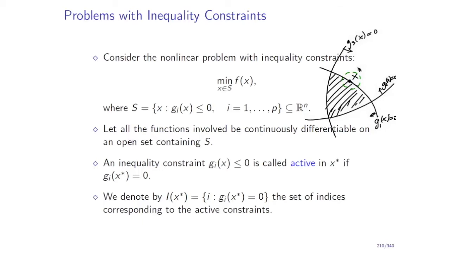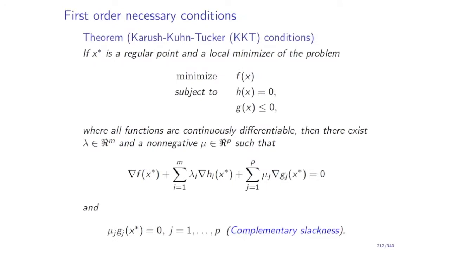Okay, so now let's consider a problem with both equality and inequality constraints. We want to minimize f of x subject to the equality constraints h of x equal to 0, and g of x less than or equal to 0. Here we assume that the function h of x is given by h1 of x through hm of x.